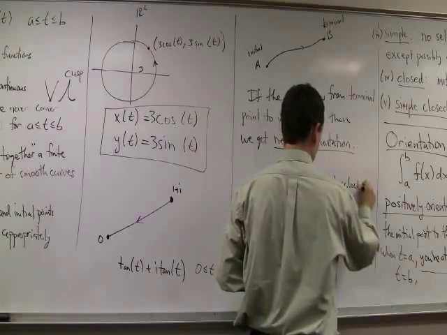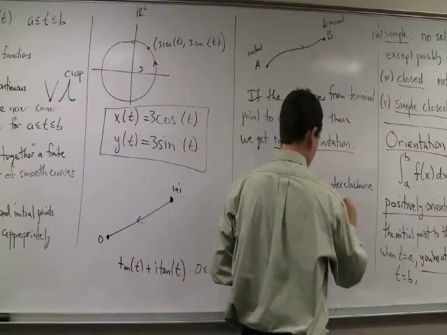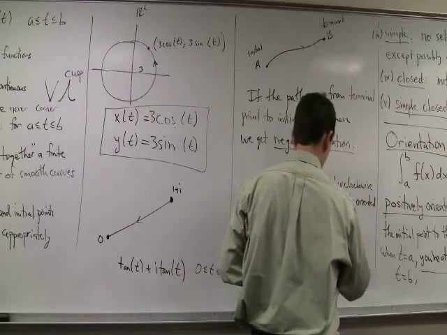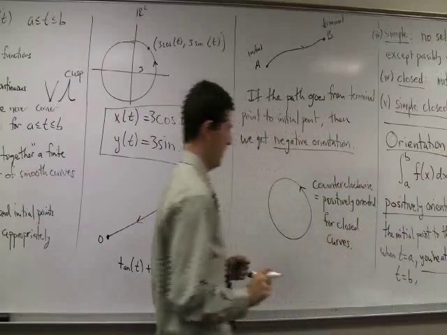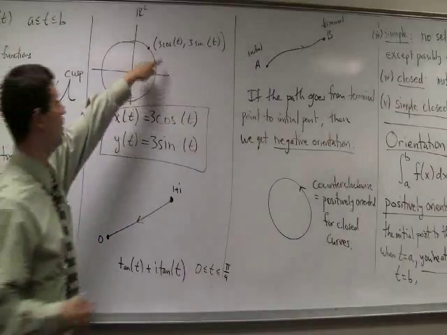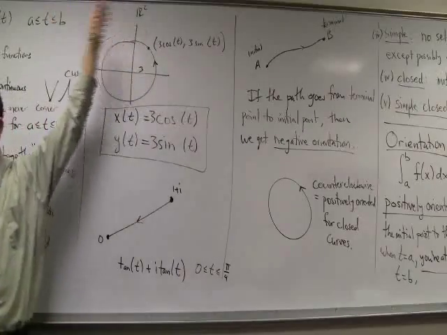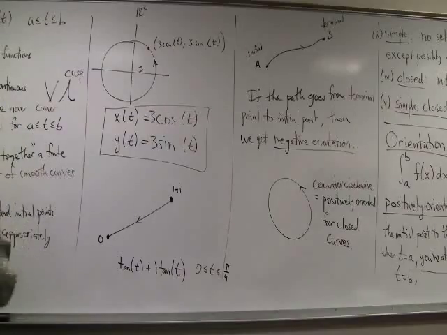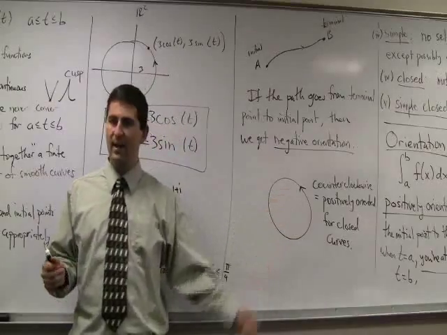Counterclockwise equals positively oriented for closed curves, and clockwise is obviously negatively oriented. And this jibes with the way we want to go around the circle. We want e to the i theta, or here, 3 cosine t, 3 sine t, that's the positive orientation.